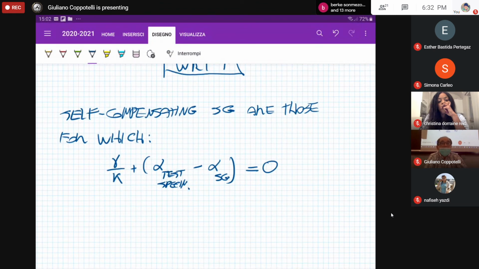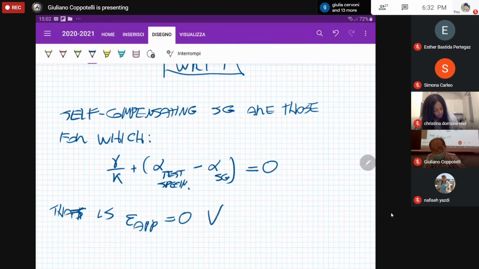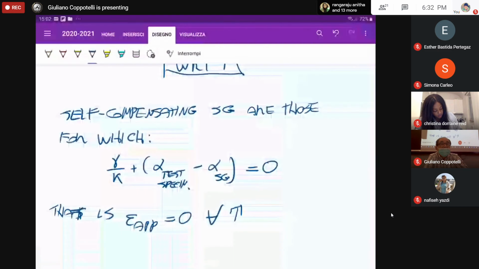Because if this is true, that is equal to 0 for each temperature, just because that equation is true.